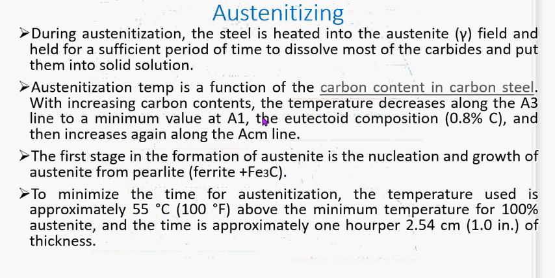I've already explained this, that during austenitization, the steel is heated to the austenite field gamma and then held for a sufficient amount of time to dissolve the cementite, which is the carbide component, and pearlite. Austenitization temperature is a function of the carbon content.